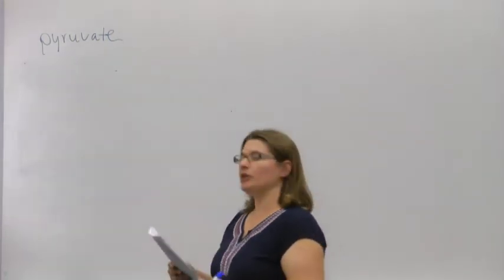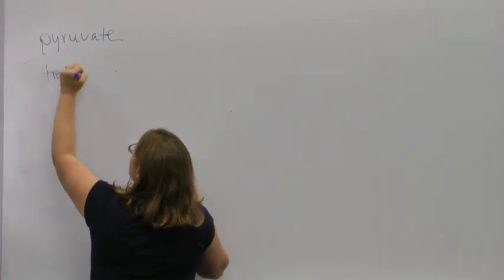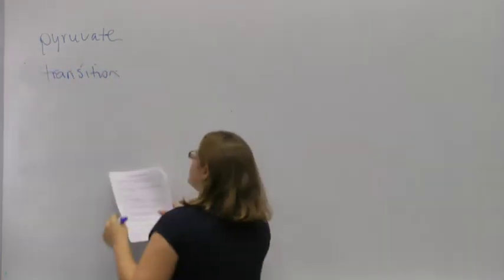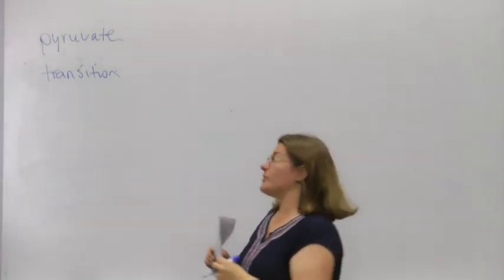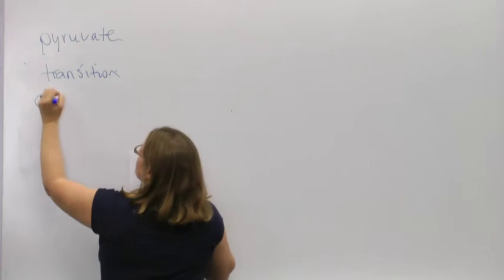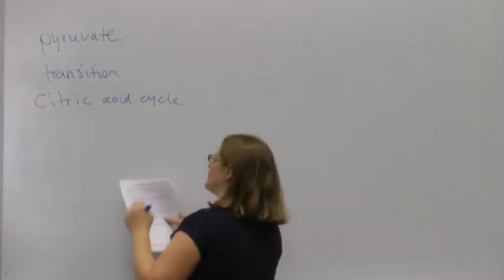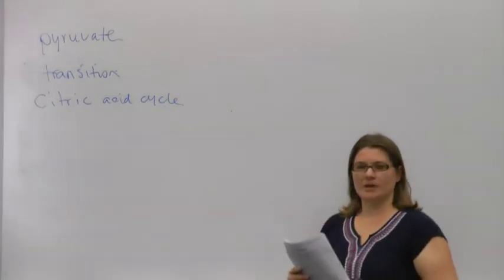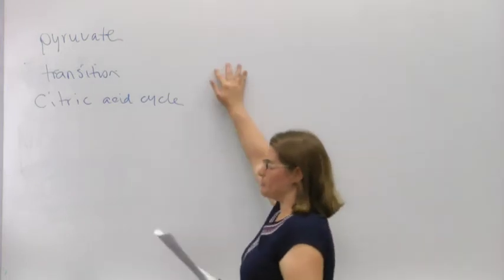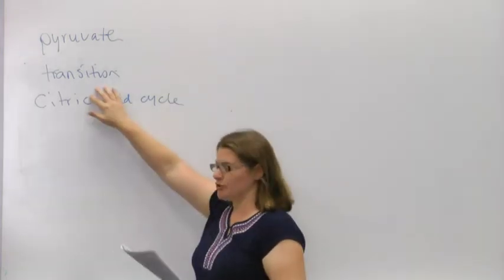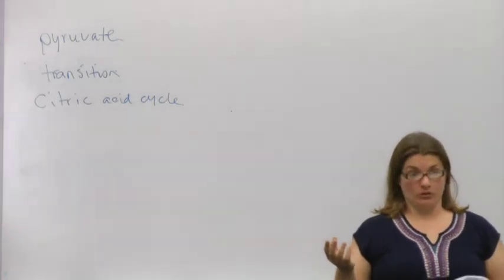It's called the transition reaction, to be prepared for entry into what stage? The citric acid cycle. Okay? So you guys got that? So during glycolysis, glucose is first split into two molecules of pyruvate, which then enter the transition reaction to be prepared for entry into the citric acid cycle.